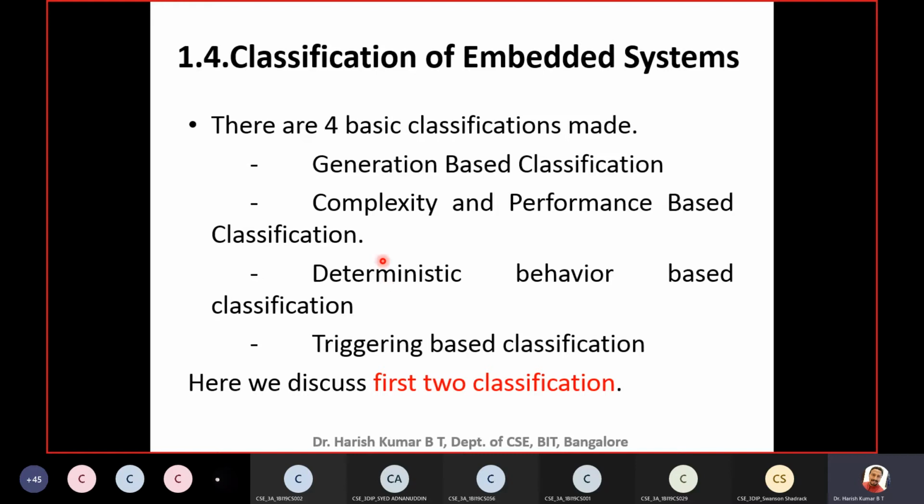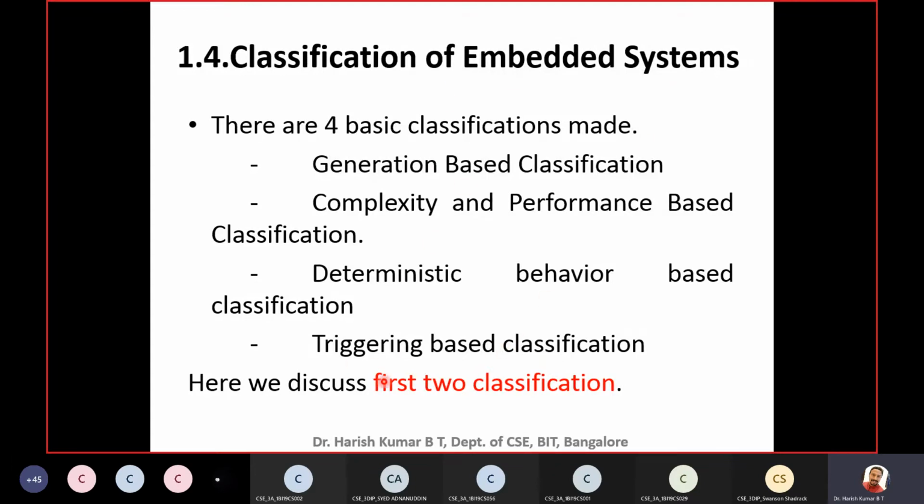When I say deterministic, there are two types: hard real-time systems and soft real-time systems. Classification based on that is the deterministic behavior-based classification, and trigger-based classification is also there. These are the four basic classifications of embedded systems.